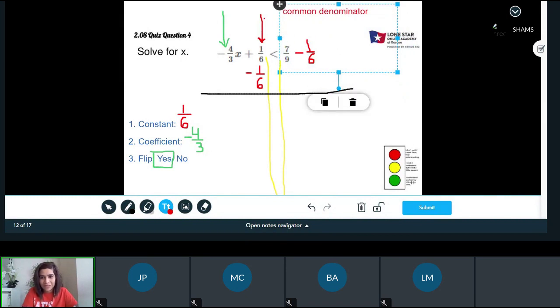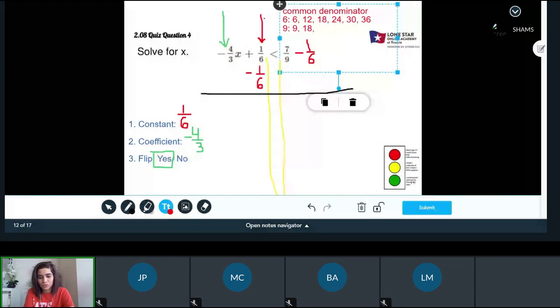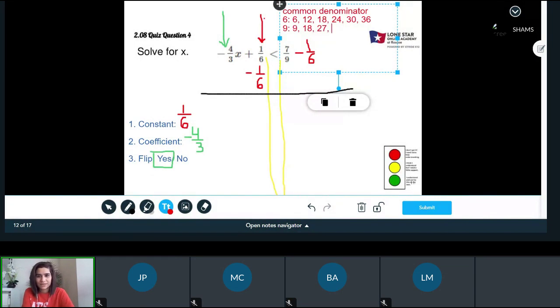So the numbers are 9 and 6. I'm going to write down multiples of 6. Multiples of 6 are 6, 12, 18, 24, 30, 36. And then multiples of 9, I have 9, 18, 27, and 9 times 4 is 36.